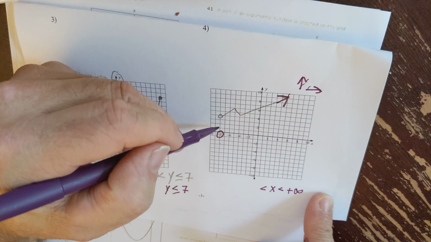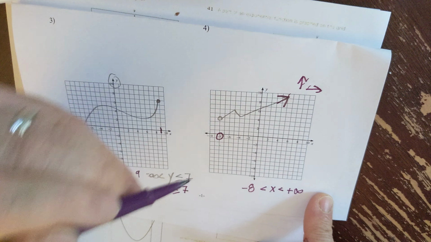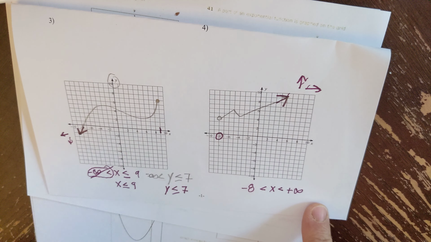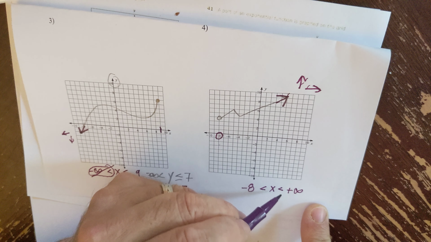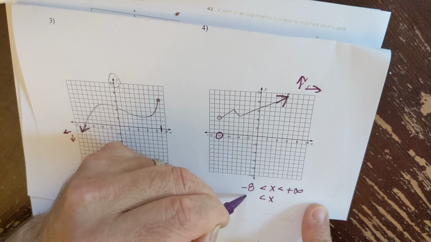And the smallest this graph ever gets is -8. It's an open circle, so we don't reshade that. We don't need to put the equal to sign there. And then finally, if we want to drop the infinity part, we have x is greater than -8.